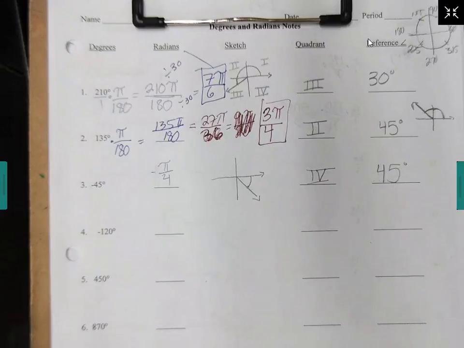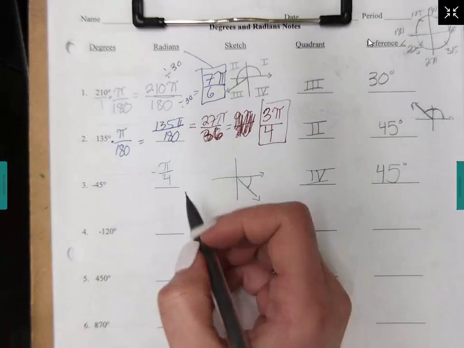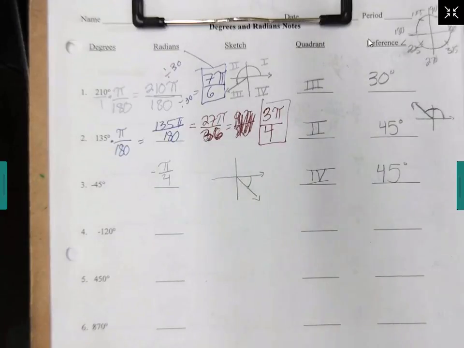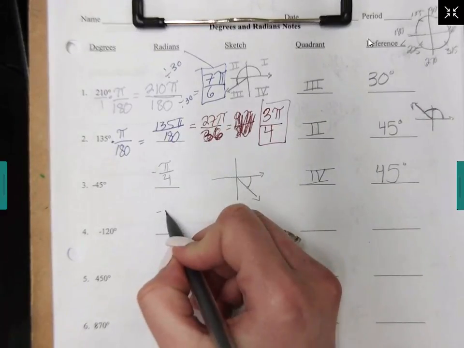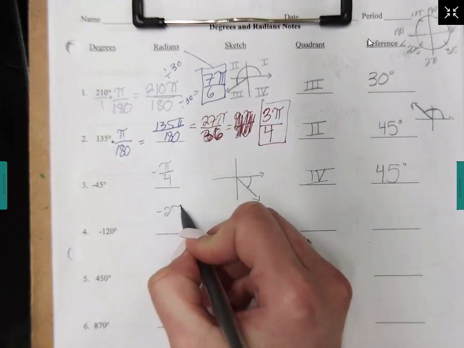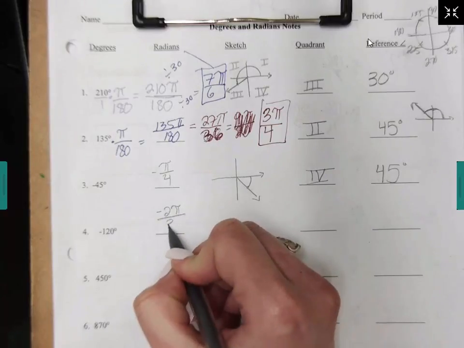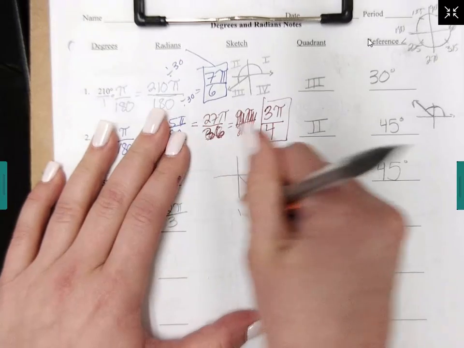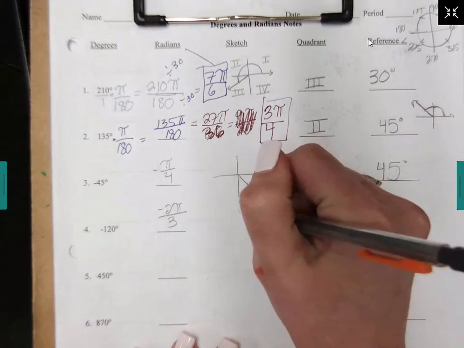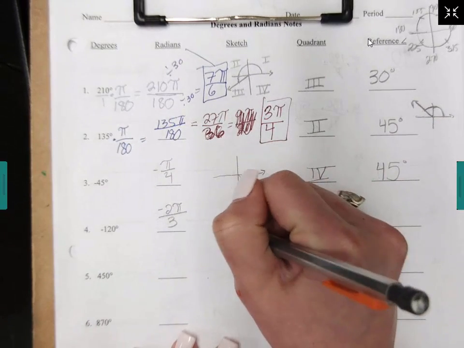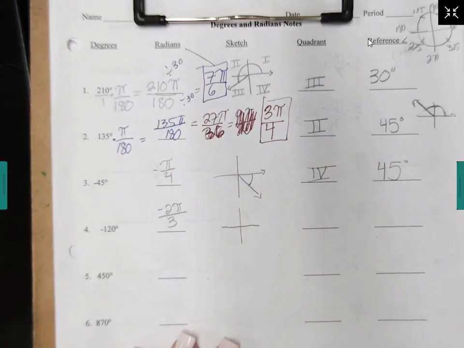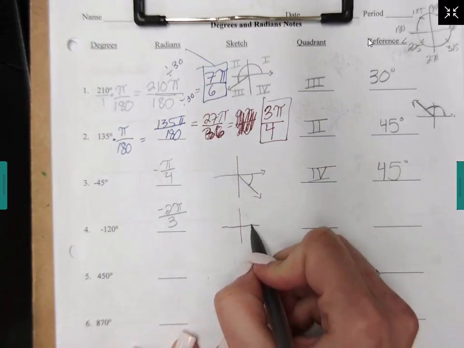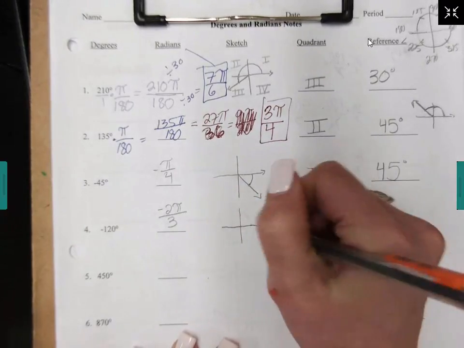Number 4, what are the radians here? Negative 2 pi over 3. Negative 2 pi over 3. Is that what you guys got? Okay, so let's rotate. Alright, we're going to start here, and we go counterclockwise, right, and we're rotating.